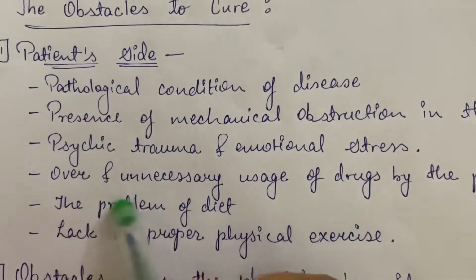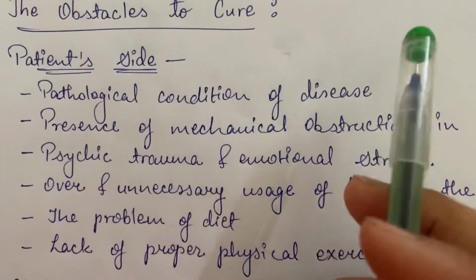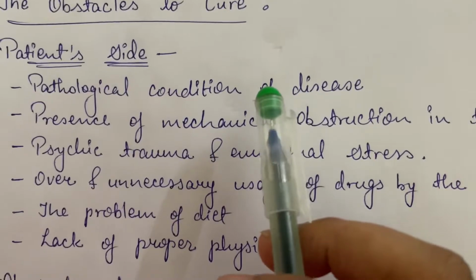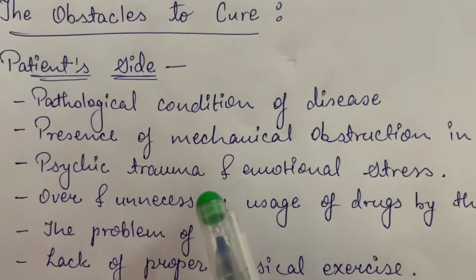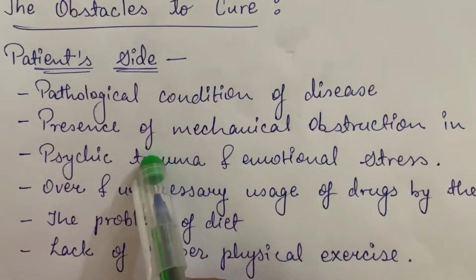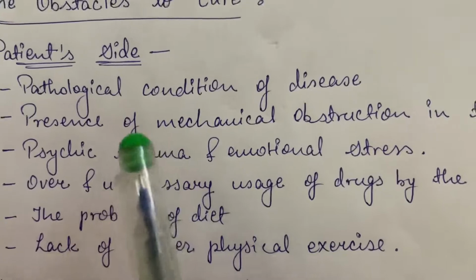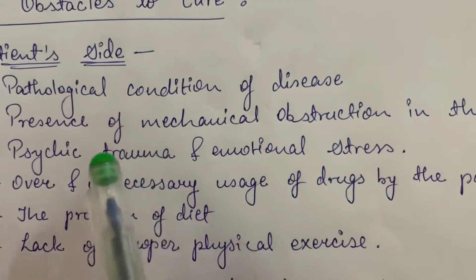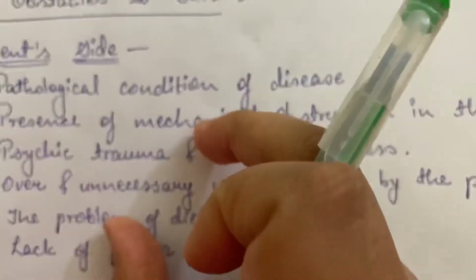So in that limitation, the kind of treatment you are going to serve to the patient is palliative treatment. Whenever you are giving treatment to such pathological conditions, you are just going to give palliative treatment, not curative treatment, because there is an obstruction to that cure.